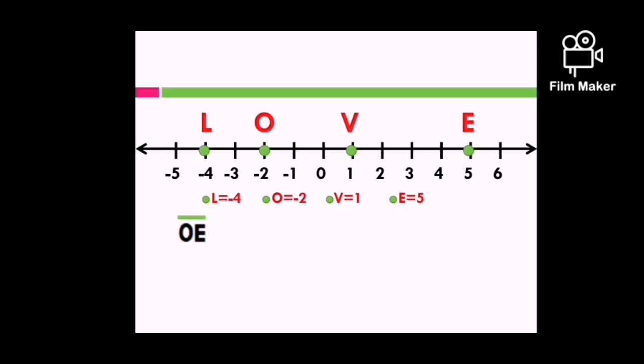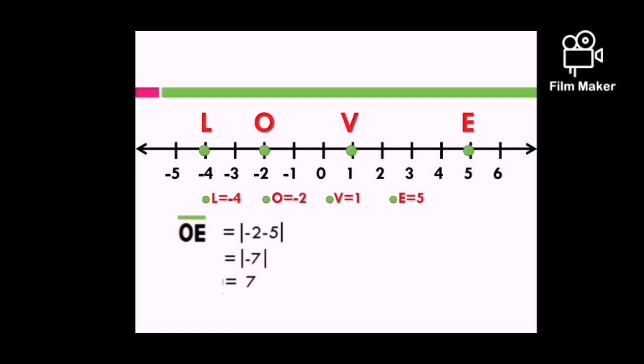Let us find the absolute value of the difference of the coordinates of point O and point E. So line segment OE is equal to the absolute value of -2 minus 5. -2 minus 5 is equal to -7. So the absolute value of -7 is 7.